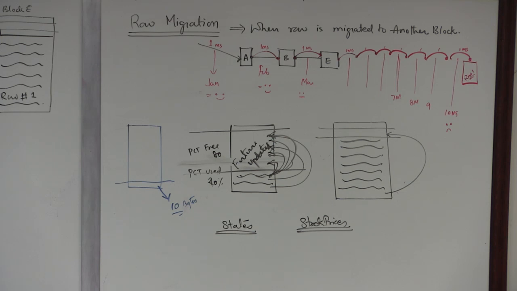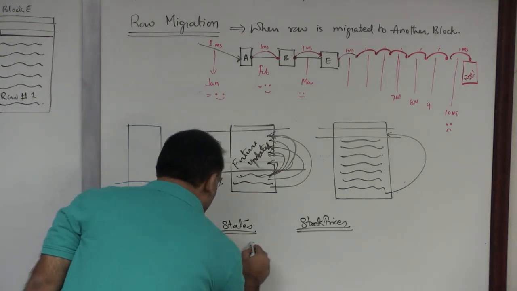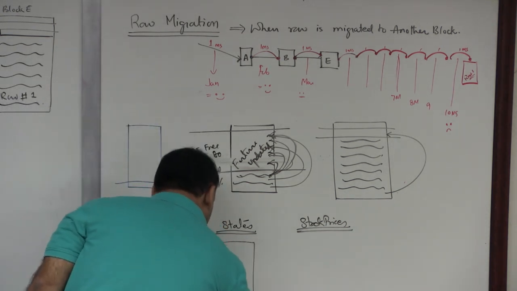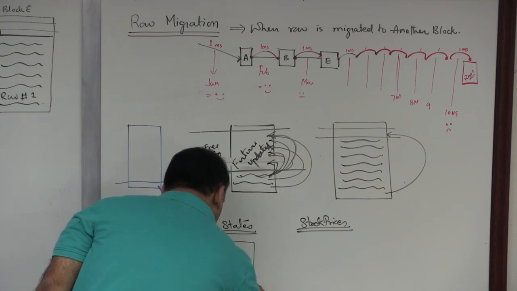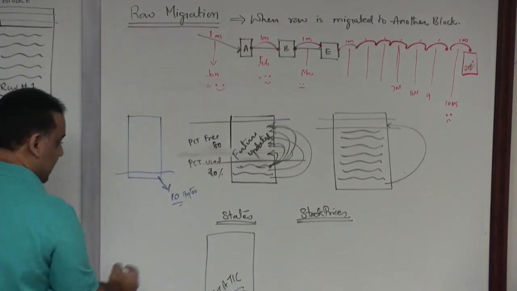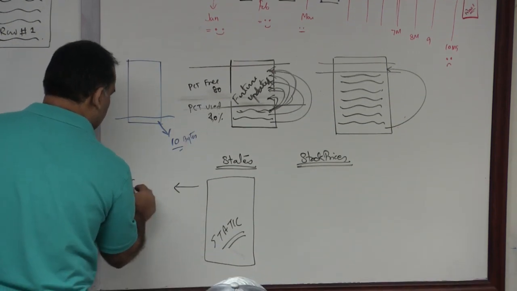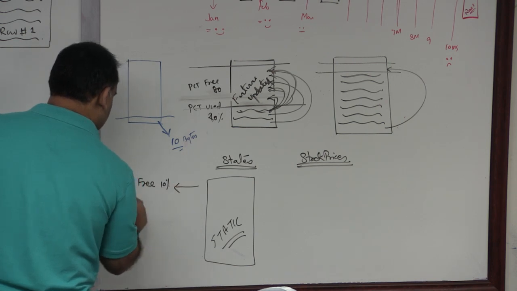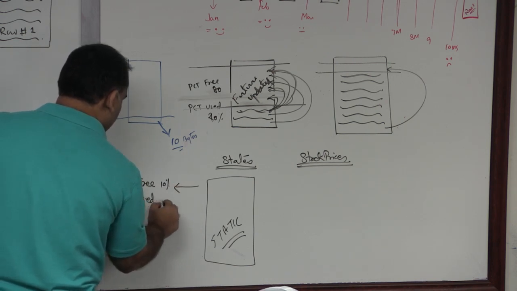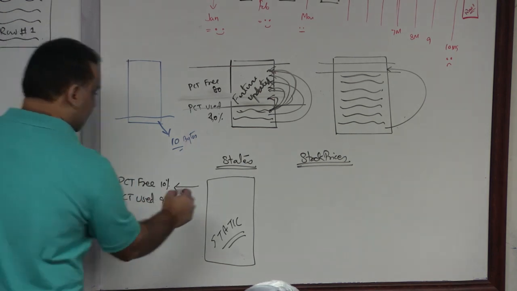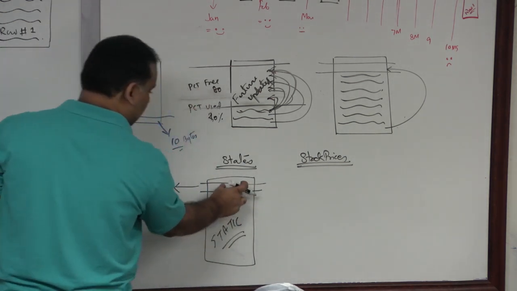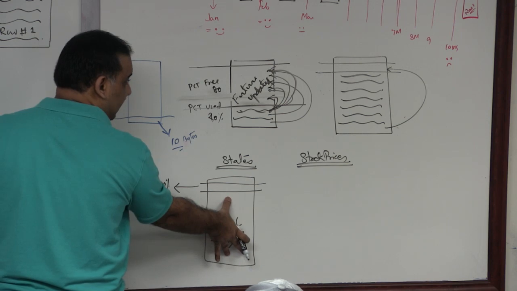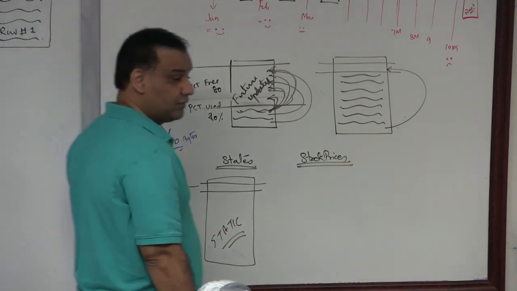Few times, right? Maybe a couple of times in a century. So the chances are this table is going to remain static. If the table is static, then PCT free 10% and PCT used 90% makes sense, because we are only keeping this much space for future updates and I'm occupying the entire space for the data.